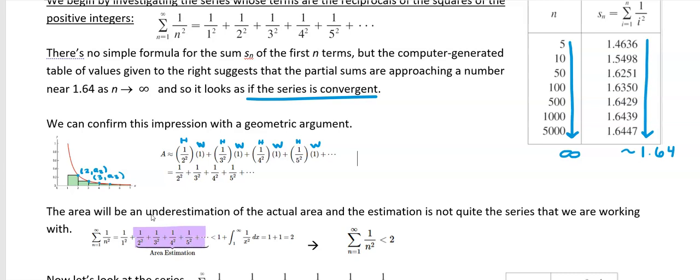So we need to try to add in the first n value, which would just be a value of 1. So we need to add in a value of 1 to our area under the curve as well. And when we do that, we see that 1 plus the area under the curve. Now let's recall, we did calculate this idea here in a prior section. So we would have to change that into a limit statement.